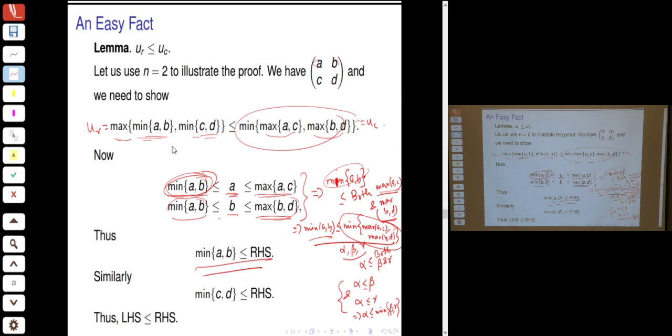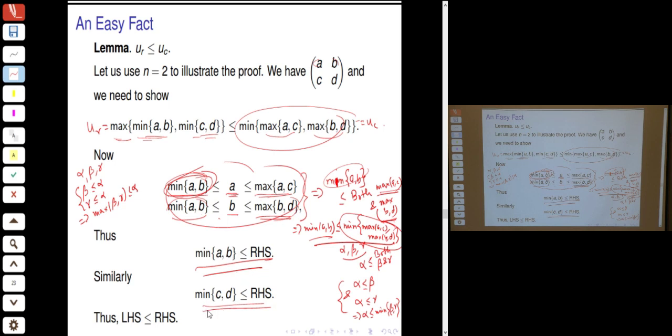Similarly, you can make a similar argument and show that the minimum of C and D is less than or equal to the right hand side. But if, again for numbers alpha, beta, gamma, beta is less than or equal to alpha and gamma is less than or equal to alpha, together this implies that the maximum of beta and gamma is less than or equal to alpha. Okay?